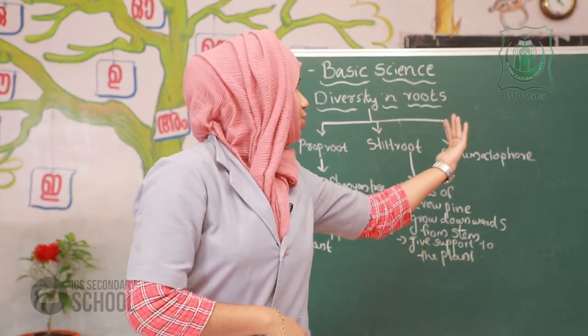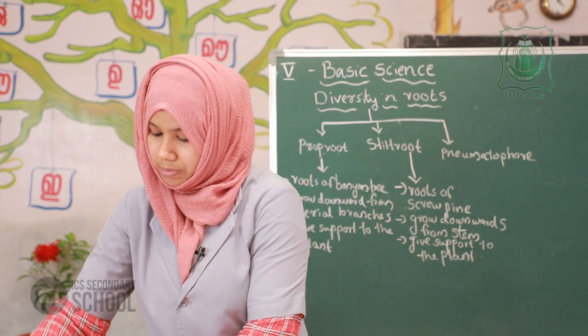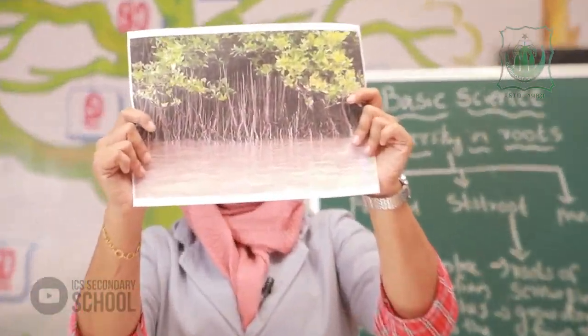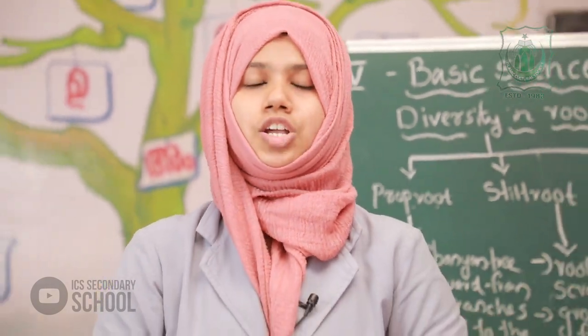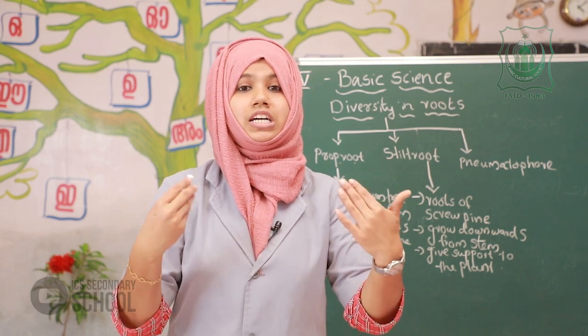Pneumatophore. Before going to the pneumatophore, can you remember that picture? What is this? Yes, mangroves. Mangroves are special kinds of plants that grow in marshy areas. Marshy means chadupu.